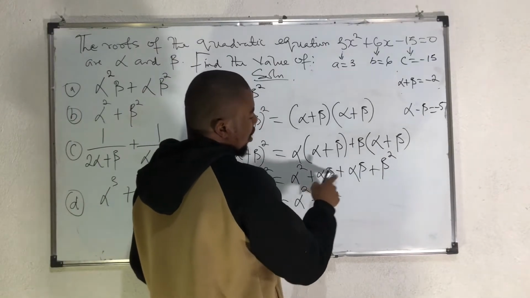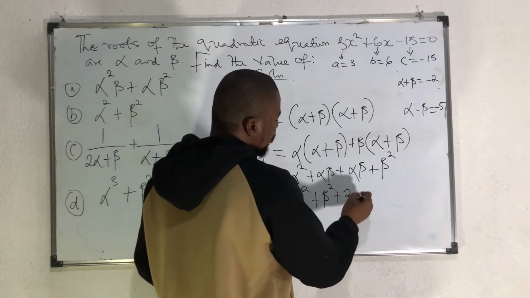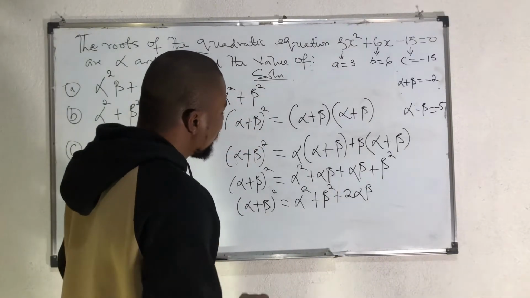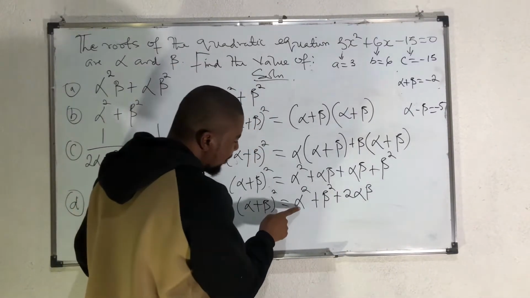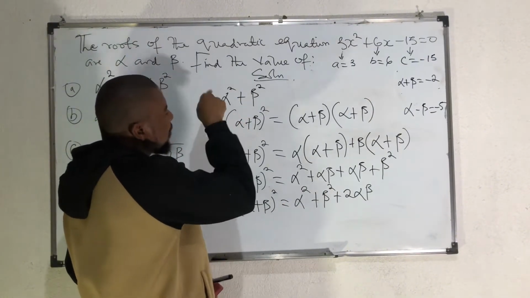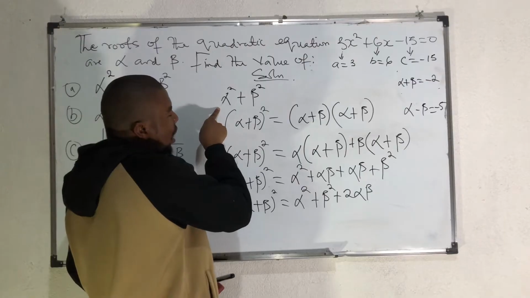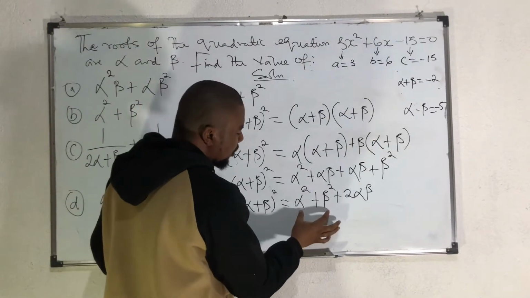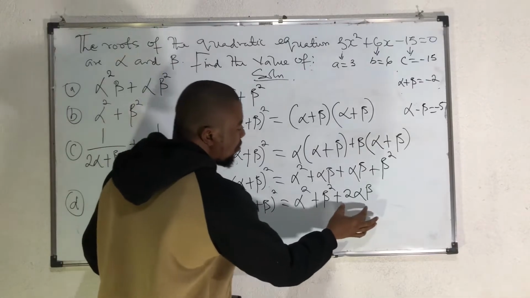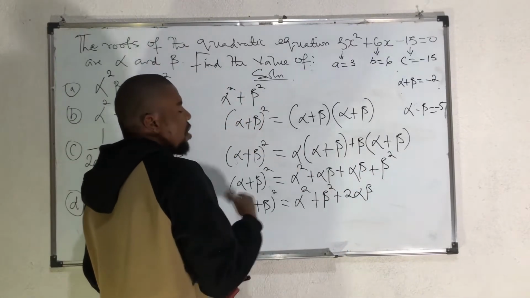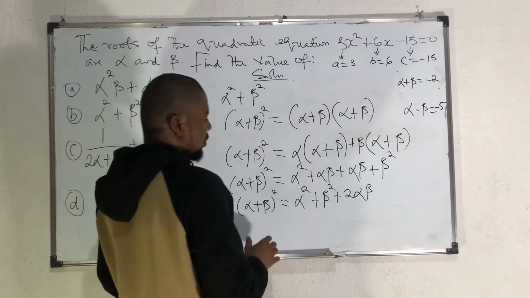Therefore, alpha beta plus alpha beta will give you 2 alpha beta. And this is it now. We've now seen that we have this one here, which we expanded originally. Remember, they said find the value of this. Now, what do we do with this, which we've gotten here? We can now make it the subject of the formula by moving everything that is with it across the equality sign, and whatever now remains is now equal to this.